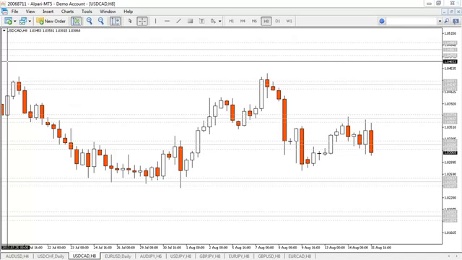Kelvin, is this strategy valid in equities and commodities? This strategy is based on price action, and price action is applicable to all markets. I've used this strategy a little bit in the futures market, and it seems to be just as effective in the futures market as it is in the Forex market.